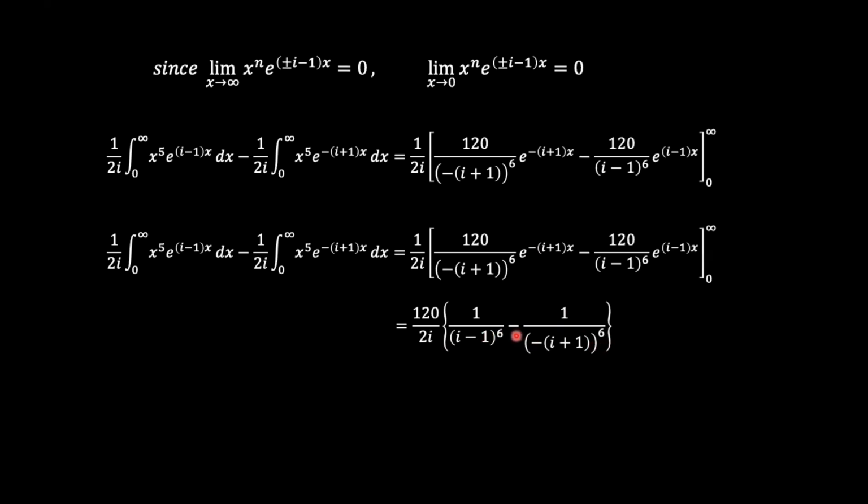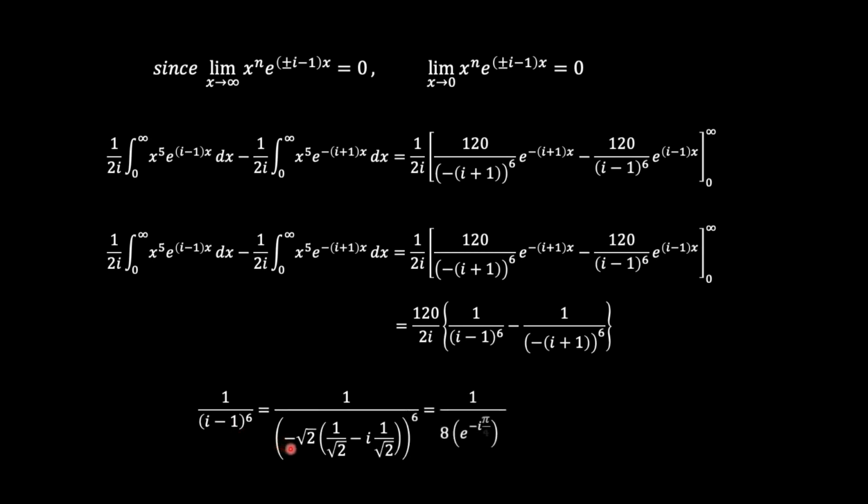So how do we solve these very high powers? We can use de Moivre's theorem. De Moivre's theorem states that first of all, we have to convert these complex numbers into a constant, and then we have the cosine and the sine component. As you can see, i minus 1 to the power 6, we can pull root 2 out, negative root 2, and we're left with 1 over root 2 minus i times 1 over root 2. This is the same as negative root 2 to the power 6, which is 8.